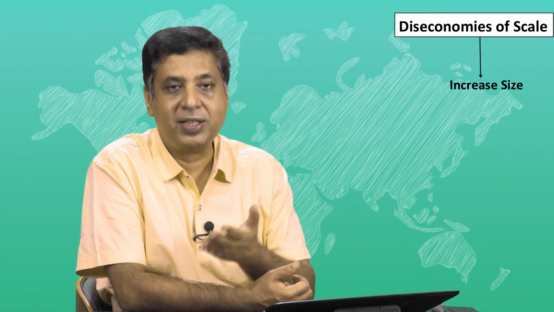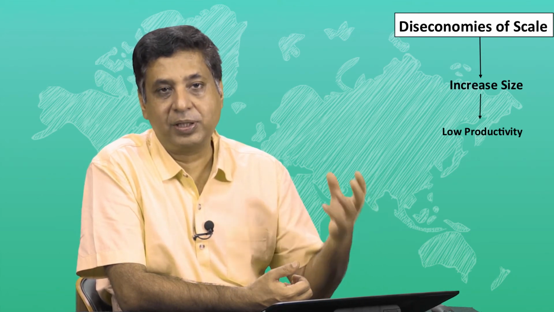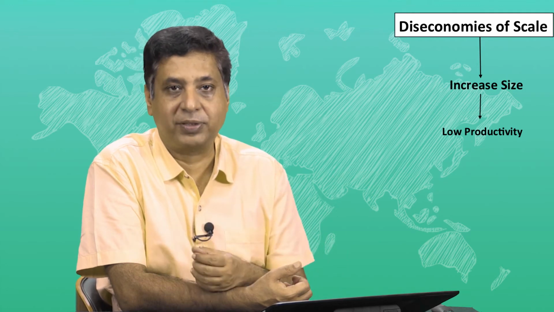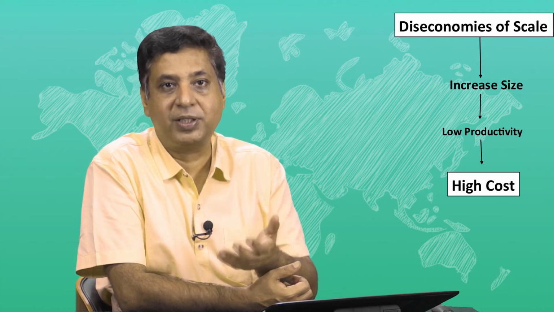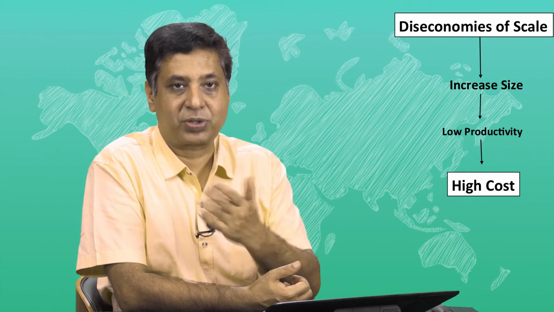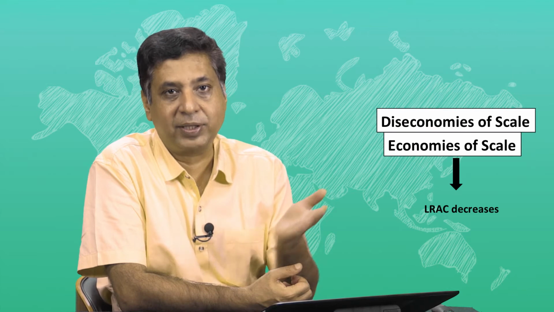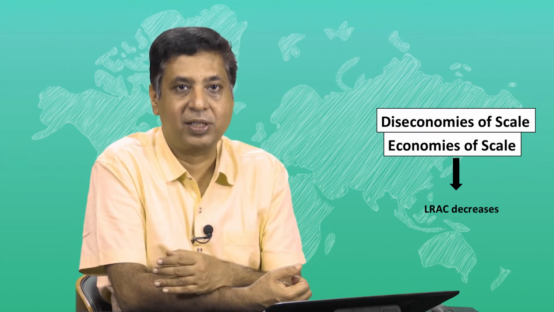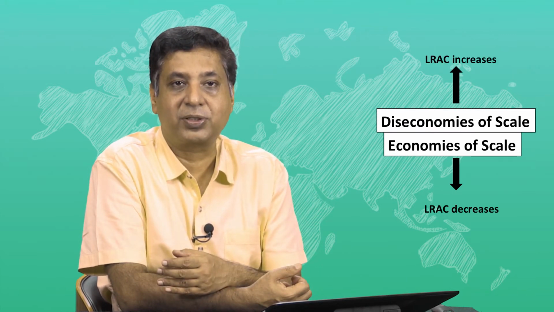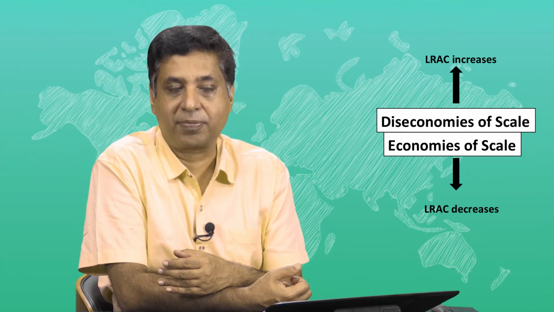Also, conversely, if there are diseconomies of scale, then increased size of production will lead to lower productivity. And lower productivity must increase costs. So therefore, as long as there are economies of scale, the long-run average cost would be decreasing, and when there are diseconomies of scale, then the long-run average cost would increase.